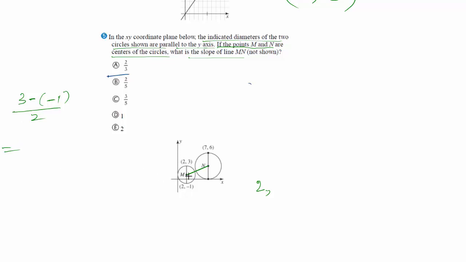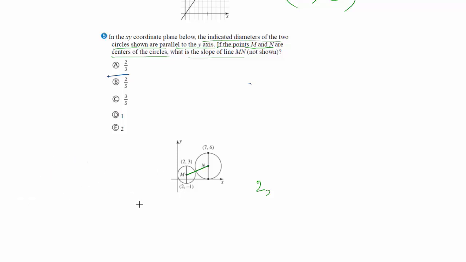So the line which is the diameter of the smaller circle will be having the x coordinate as 2, and the y coordinate will be exactly in between 3 and -1. In order to calculate the coordinate of this point, we know that it is equidistant. From M to 3, you'll be having the same distance as from M to -1.